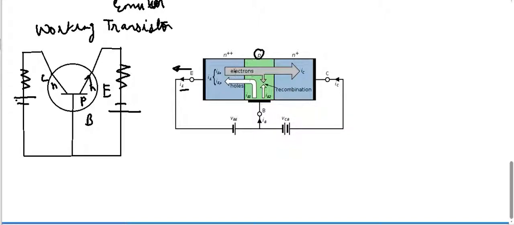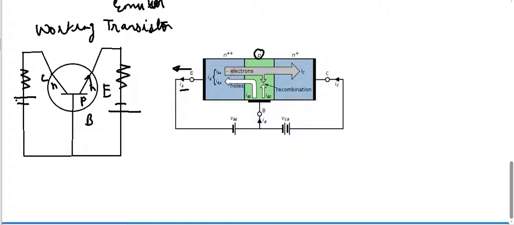This is reverse biased. So whatever electrons are pushed from here, first because of this positive side they will be pushed towards the positive terminal, and also because there is very light doping here, there will be fewer holes able to neutralize these electrons. So this is the reason it is very lightly doped, and this side is connected to reverse bias.